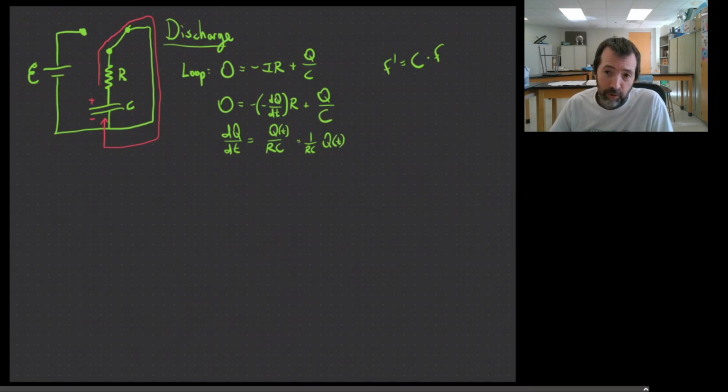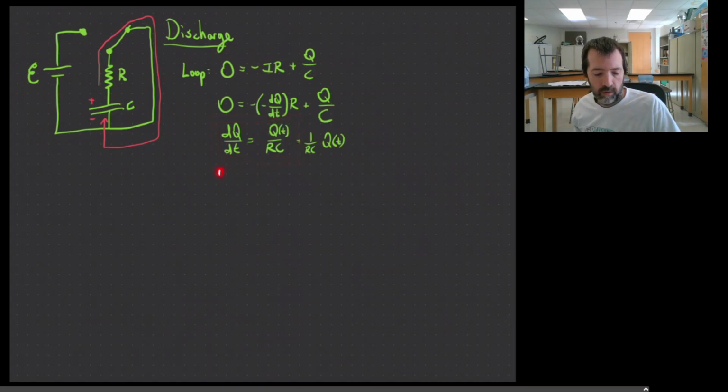The function that we all know that behaves that way is e to the x, or e to something. It's going to be e to the, like the c comes out from doing a chain rule. So this is the differential equation.